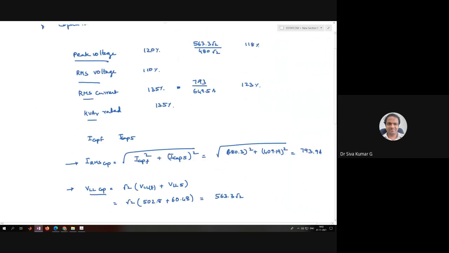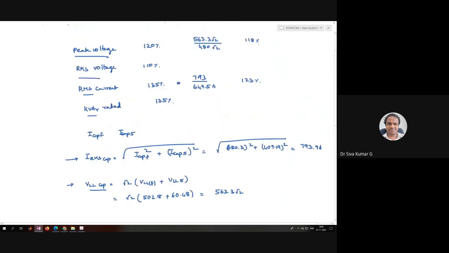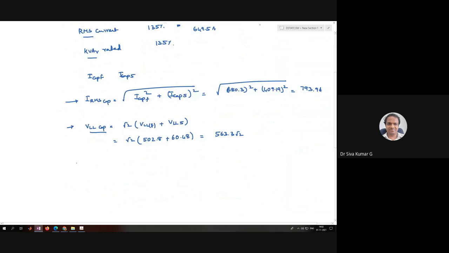Next we look at the RMS voltage. How much is the RMS voltage across the capacitor? It is the square root of VLL fundamental squared plus VLL fifth squared, which we get over here as 506.4 volts.